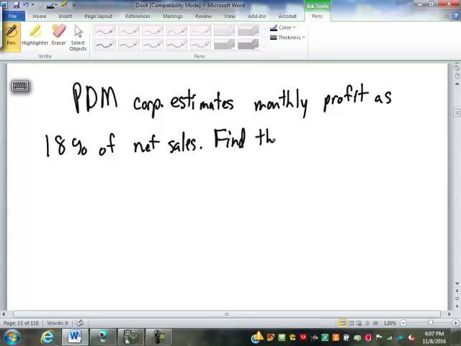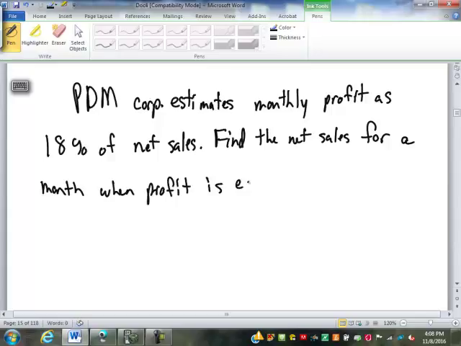Find the net sales for a month when profit is estimated as $57,600.